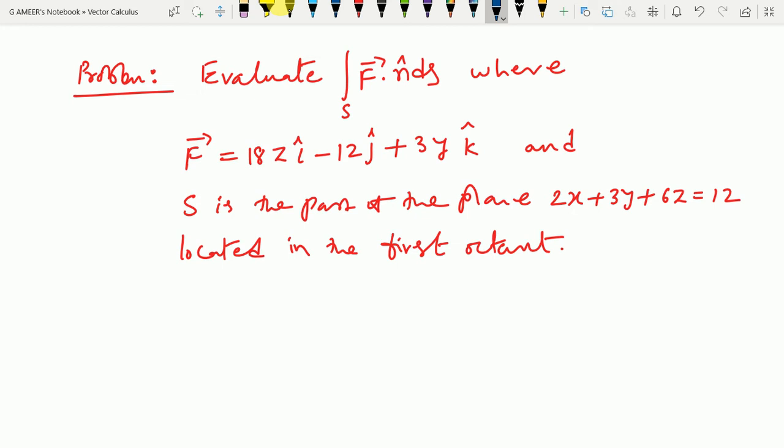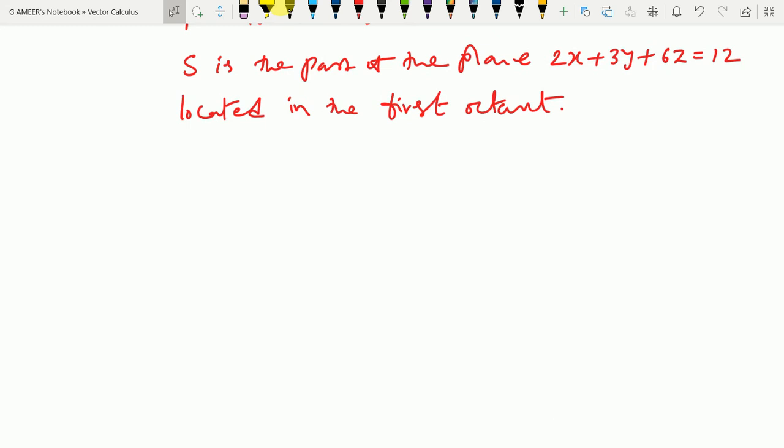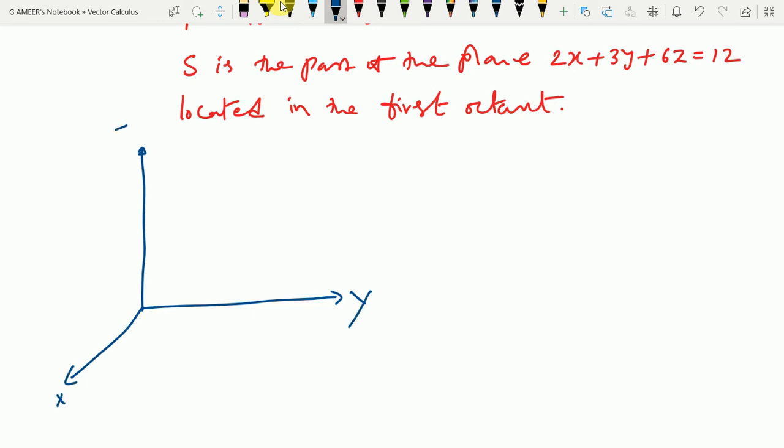Okay, so let us see. First we will see the plane is given as 2x plus 3y plus 6z equals 12, so I can draw the graph of it. This is the x-axis, this is the y-axis, this is the z-axis.